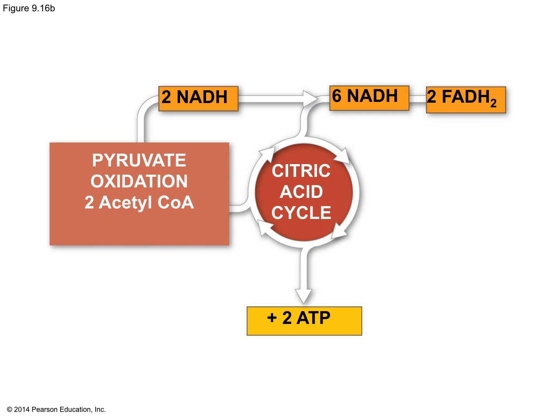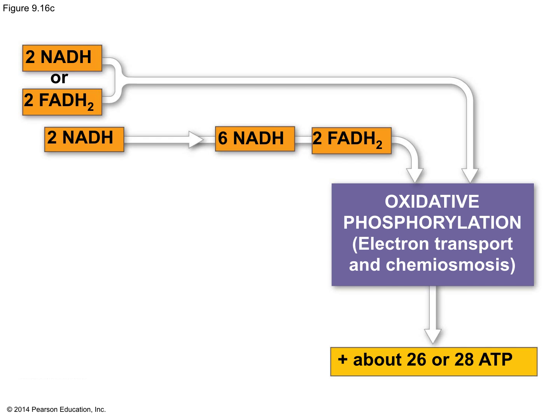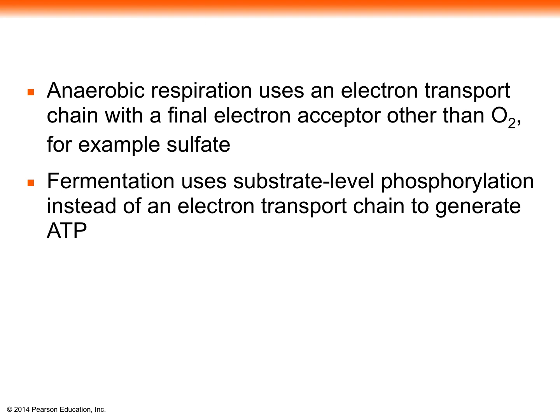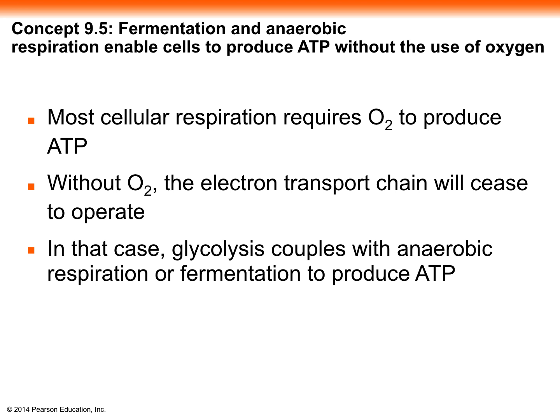The last piece, fermentation. Most cellular respiration requires O2 to produce ATP. Without oxygen, the electron transport chain will cease to operate. In that case, glycolysis couples with anaerobic respiration or fermentation to produce ATP.